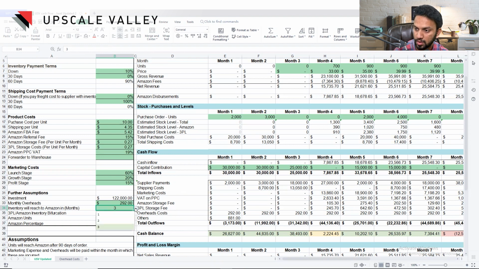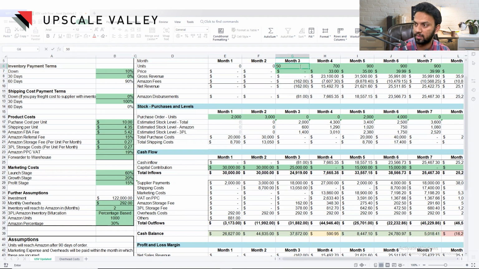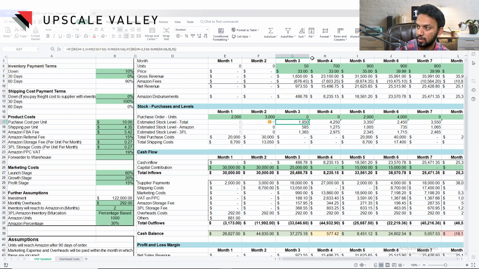Let's say you have chosen air shipment, and you say that your product is going to reach after 60 days. So here let's say we put some numbers, 500, and maybe this price is the same. Your inventory is appearing here in the third month right away. So here's the 50.